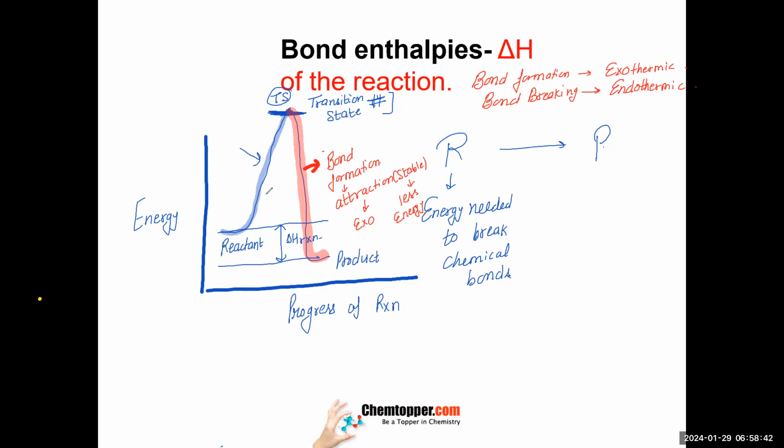Don't you think the energy needed to break the bonds and the energy released when new bonds are formed, the difference is delta H?